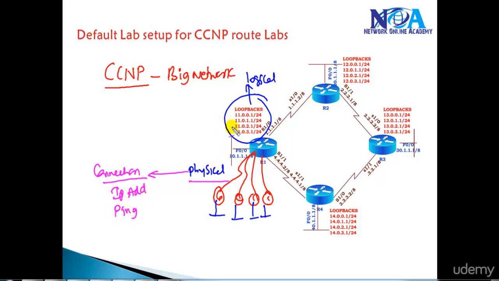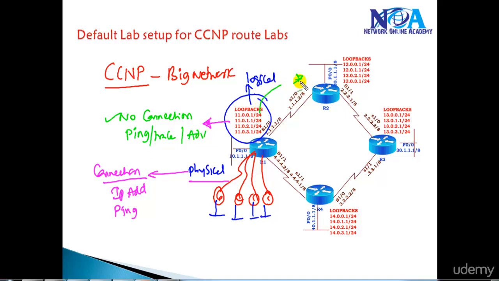But the logical interfaces, which we can also call loopback interfaces, are not going to have any connection. There is no connection here. It's just a logical interface, but you can still use it for ping testing, or we can trace to it. We can also advertise them as if we have some networks present here.